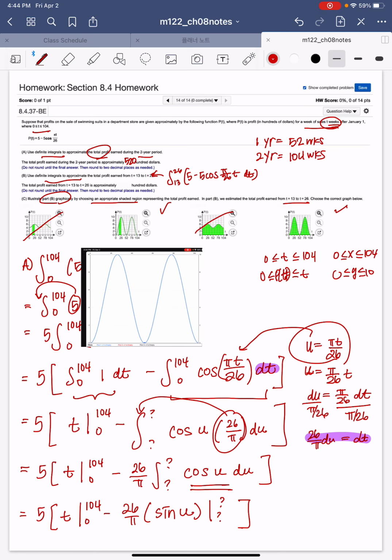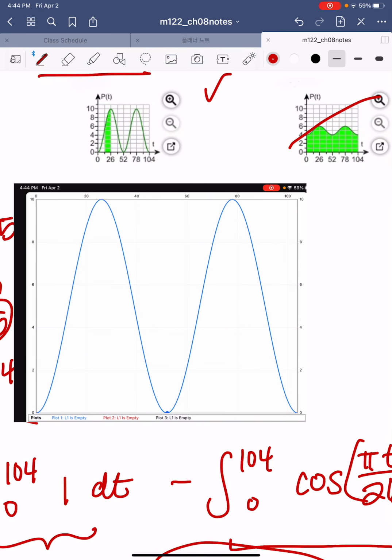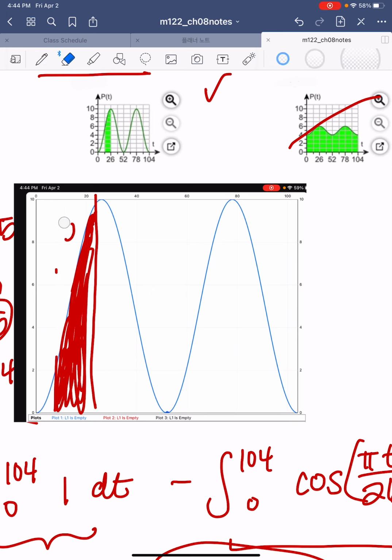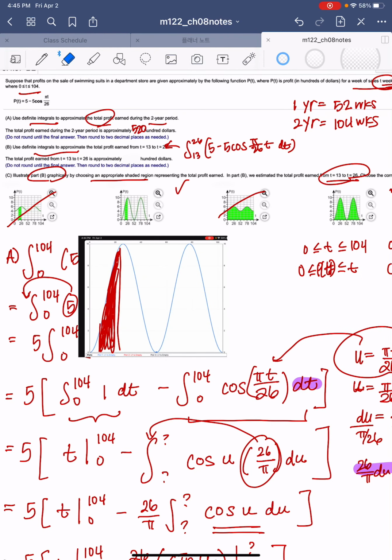But we are looking at only from 13 to 26. So if we zoom in a little bit, if this is 20, this is 10, so 13 is here, all the way up to 26, somewhere here. So I should have this portion shaded. So my best answer will be the second choice.